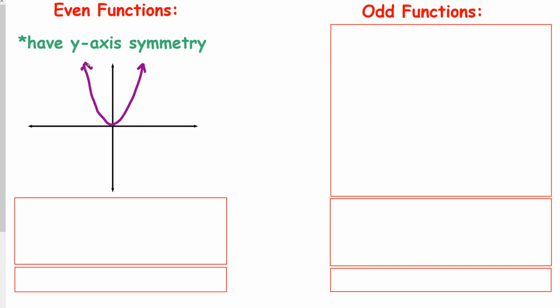You could fold it on the y-axis and it lines up with itself. Now if I have a point over here, let's say this point has coordinates A, B, then its image across the line of symmetry would have coordinates the opposite of A, B. Opposite x-coordinates, same y-coordinate.